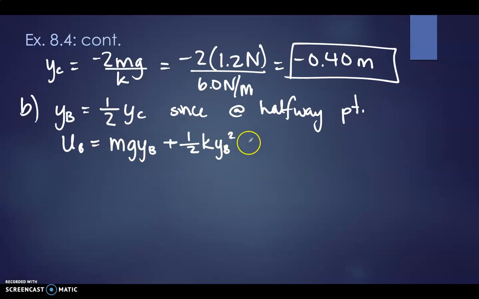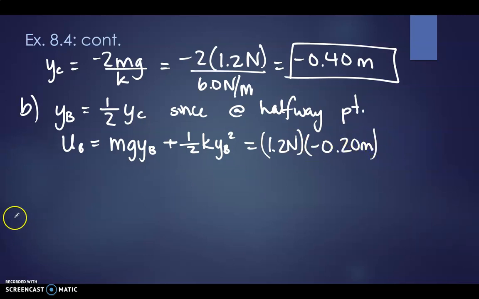All right, so we can just go ahead and plug these numbers in. mg is 1.2 newtons times half of this, which would be negative 0.2 meters. Oh, I will need to continue in the next video.